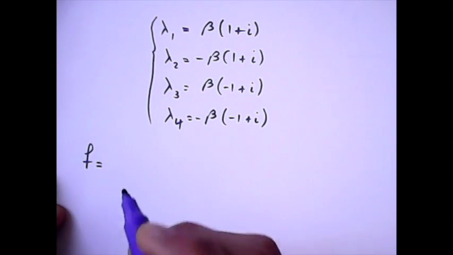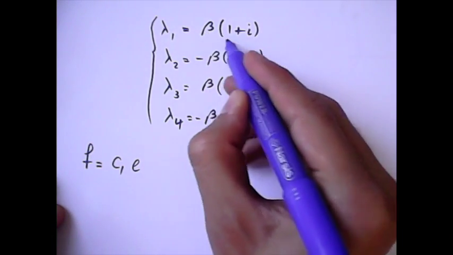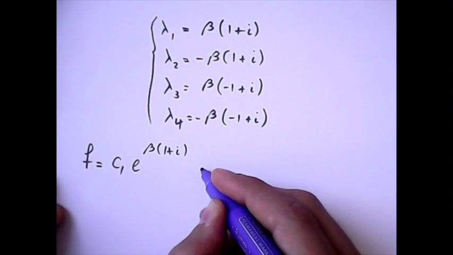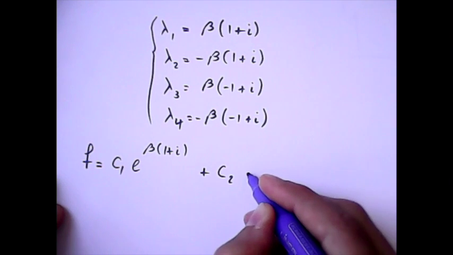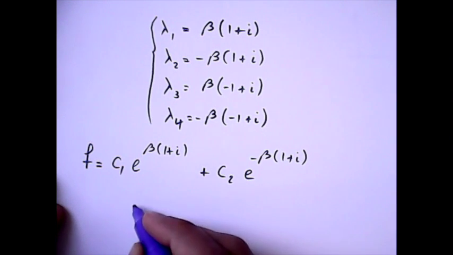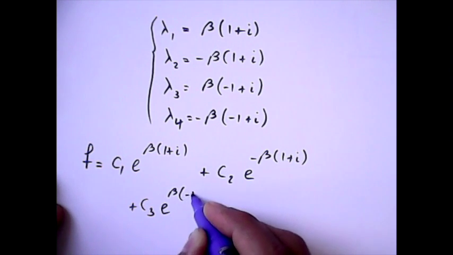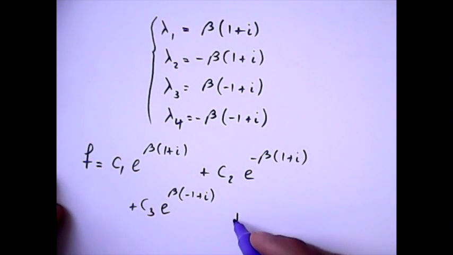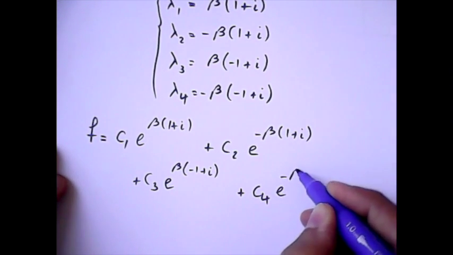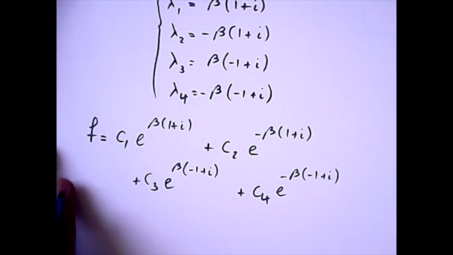F be equal to C1 times e to the power beta times 1 plus i, plus C2 times e to the power minus beta times 1 plus i, and then plus C3 times e to the power beta times minus 1 plus i, and C4 times e to the power minus beta times minus 1 plus i. Okay, that's about it.